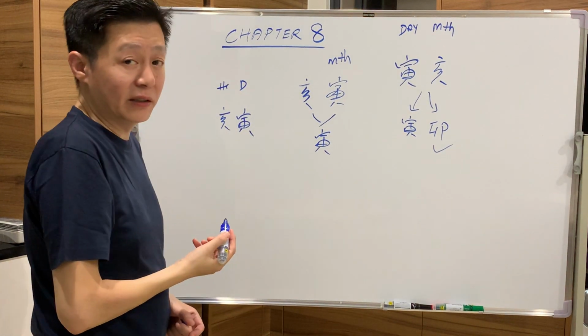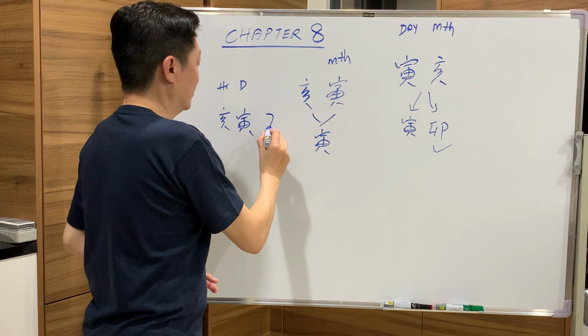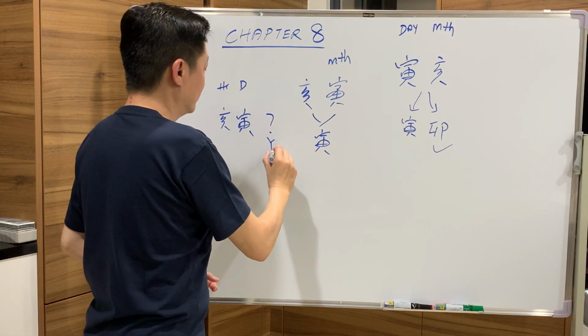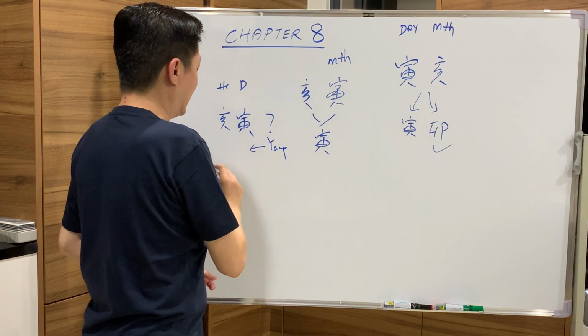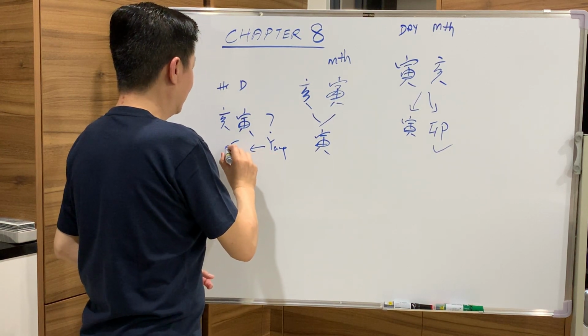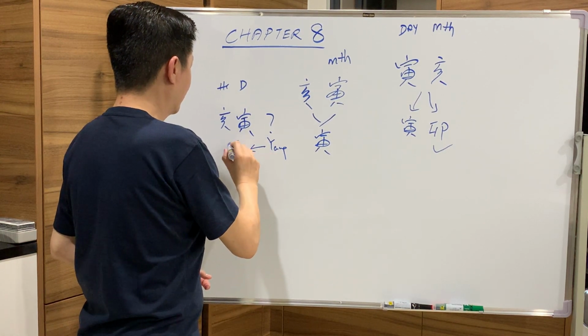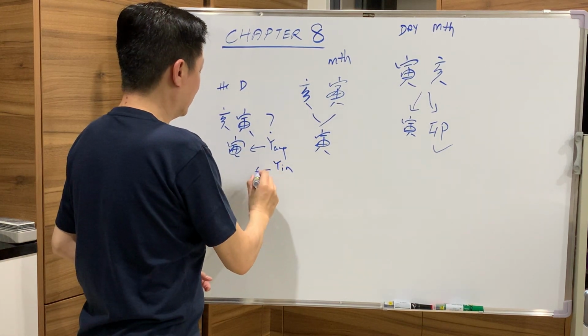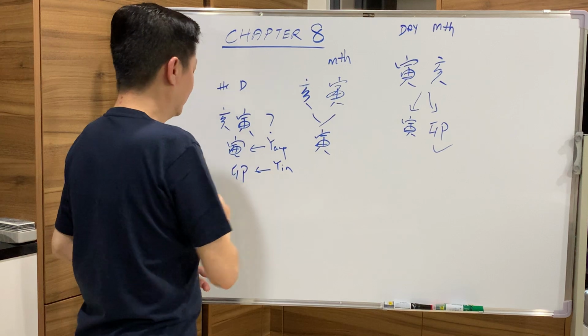How to identify? Same. The month. If the month is yang, the outcome will become tiger. Okay, if the month is yin, the outcome will become rabbit.